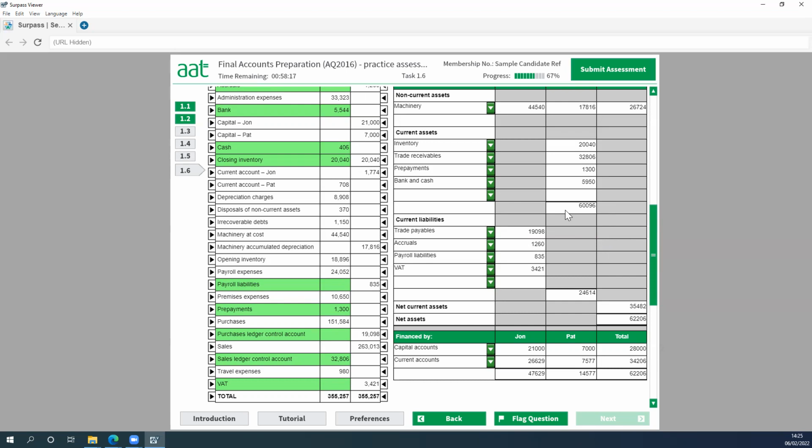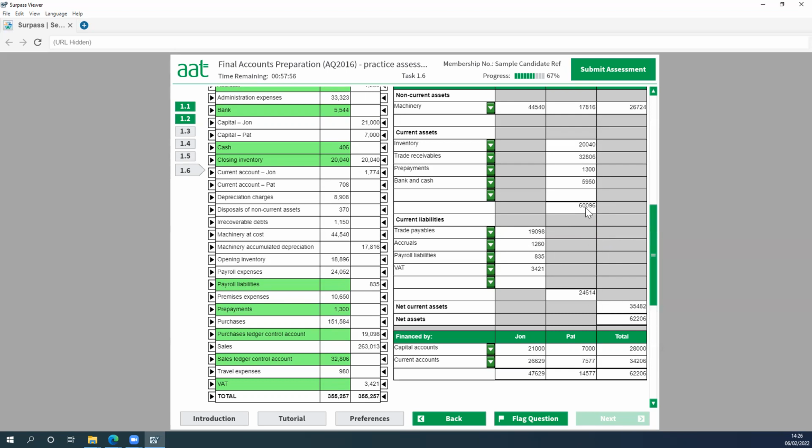Again, I can't not do it just to see how well they're doing. So 60,096 current assets divided by current liabilities of 24,614. That's not bad, 2.44 to 1. So a current ratio of 2.4 to 1. Okay, not too bad.